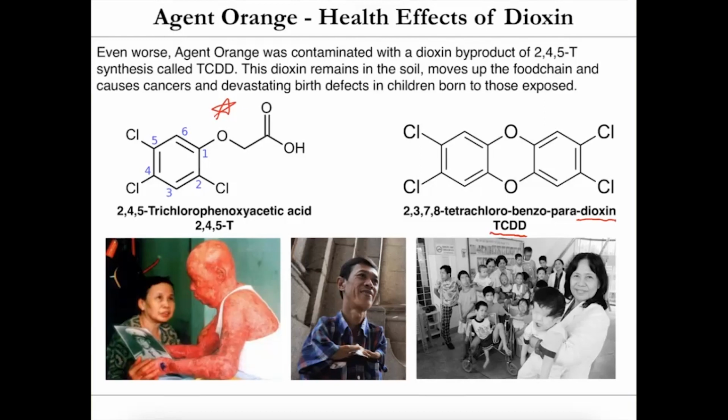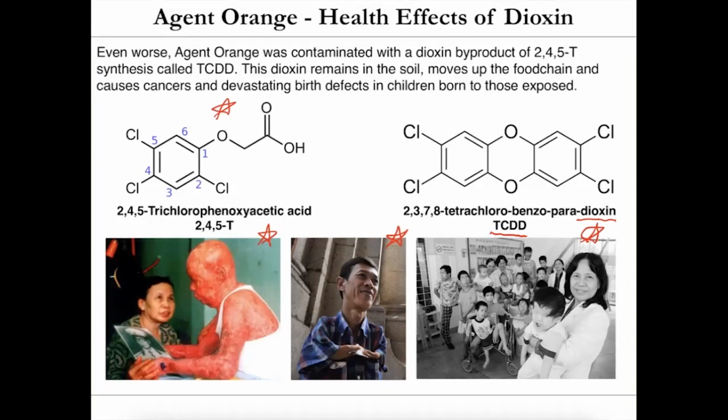Now, unfortunately, this did cause a lot of cancer in soldiers who were spraying it on the fields, and it also caused devastating birth defects in children born from people who were exposed. So there's some photos down here of individuals who either were directly affected by the spraying of Agent Orange or who suffered really horrendous birth defects as a result of this dioxin that was present in Agent Orange in Vietnam.